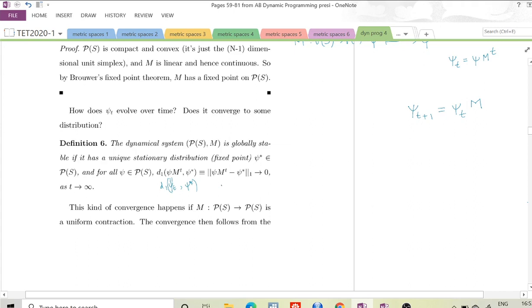Okay, so Ct, in other words, converges pointwise to C star as t goes to infinity.